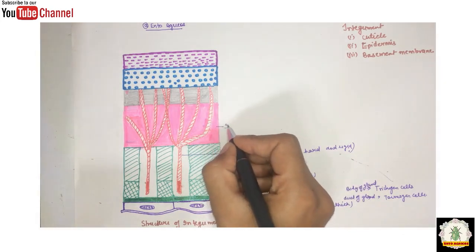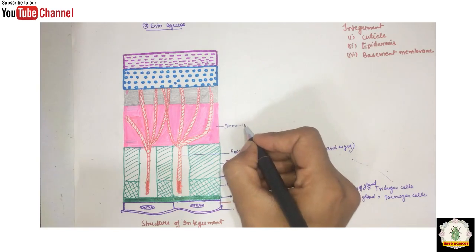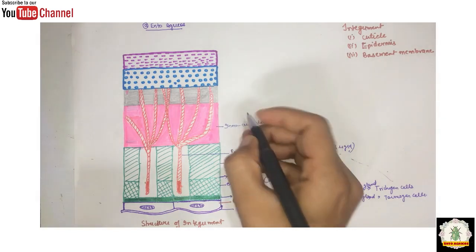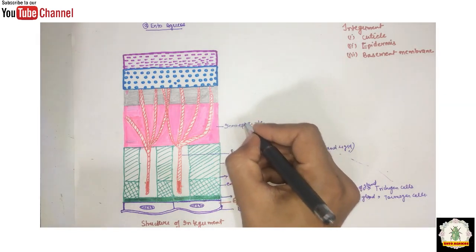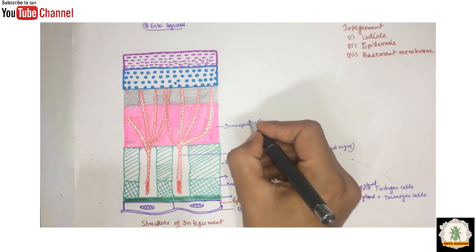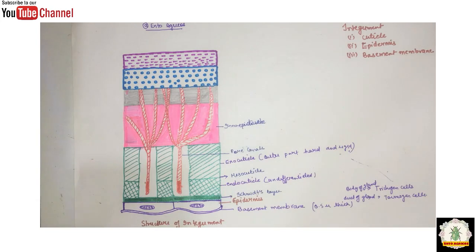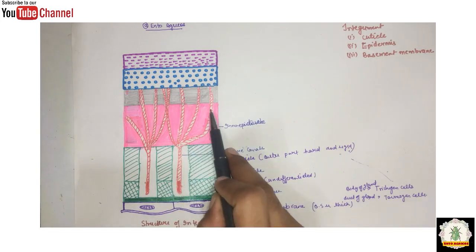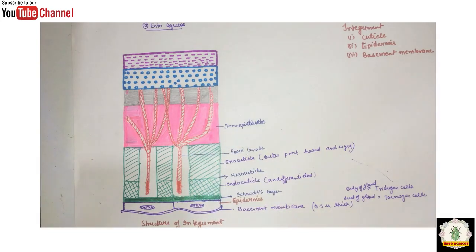Here, this is the inner epicuticle. And they form a pore canal. So these are known as the pore canals.